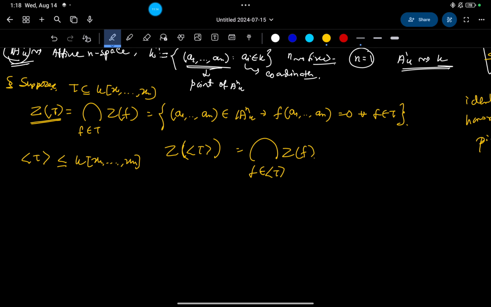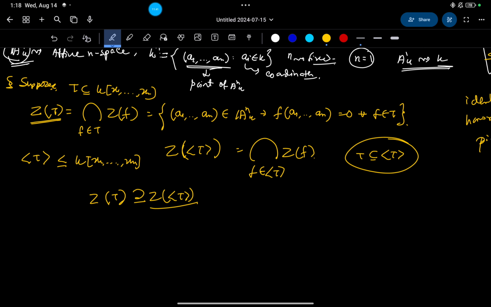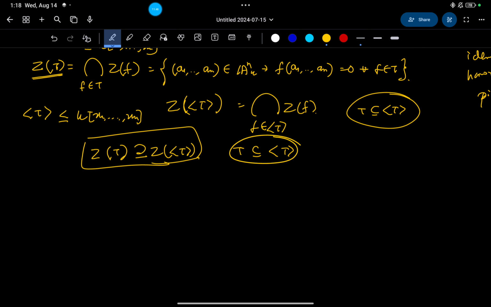Now note that T is a subset of the ideal generated by T. That means any polynomial belonging to T obviously gets vanished by any element from Z of the ideal generated by T. So that means Z of T is a superset of Z of the ideal generated by T. Conversely, one side is very clear, because T is a subset of the ideal generated by T.